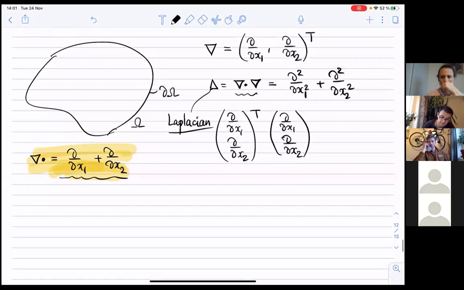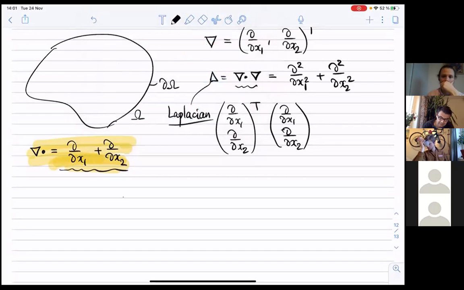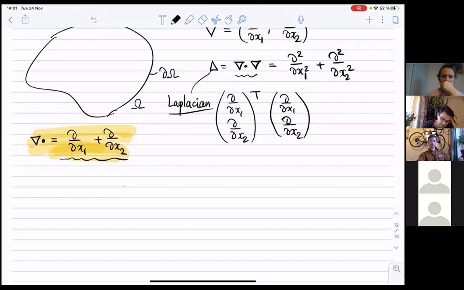We often use integration by parts in 2D, and the analogue of integration by parts in 2D is defined by Green's identity, or Green's formula.